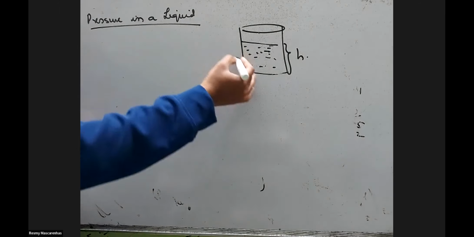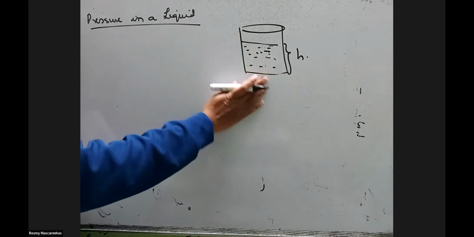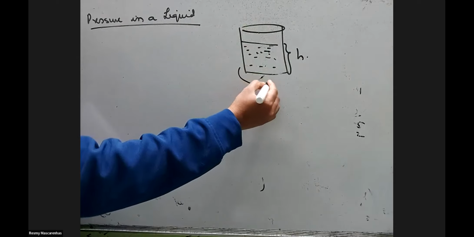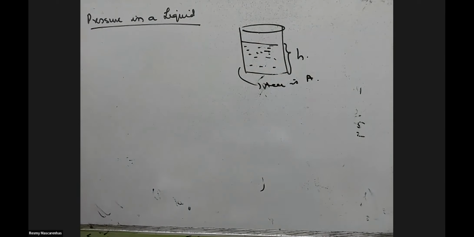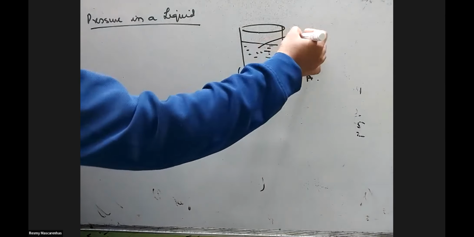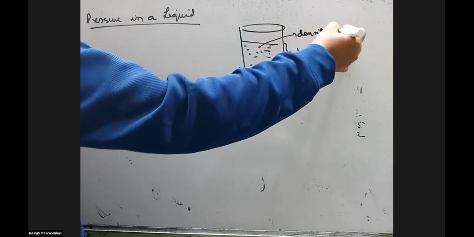The whole cylinder area is A. Density of the water is rho.